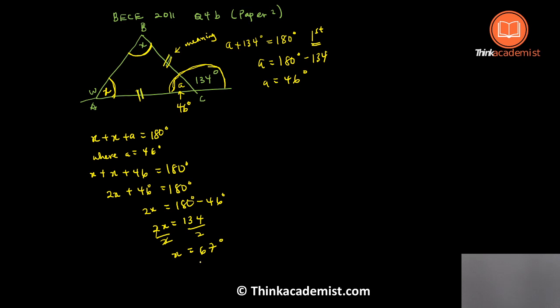Can we use that to find the value of W? Now remember, x and W are also supplementary angles, so they should add up. W plus x should give us 180 degrees. So W plus 67 equals 180 degrees, and W will be equal to 180 degrees minus 67.